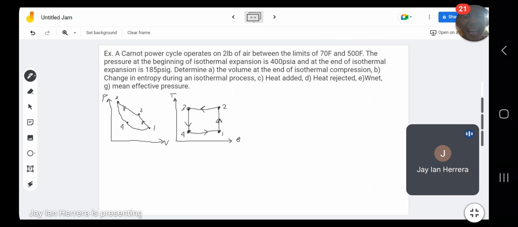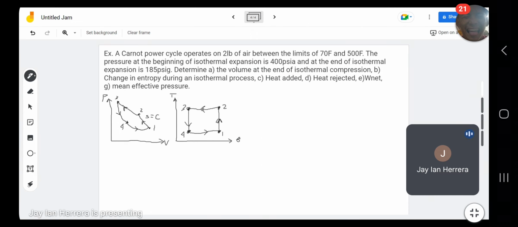Para mas madali, i-identify nyo na sa PV diagram nyo if the process is PC, TC, or SC. At point 1 to 2, this is isentropic, since si temperature ang nagbago, so SC natin dito.